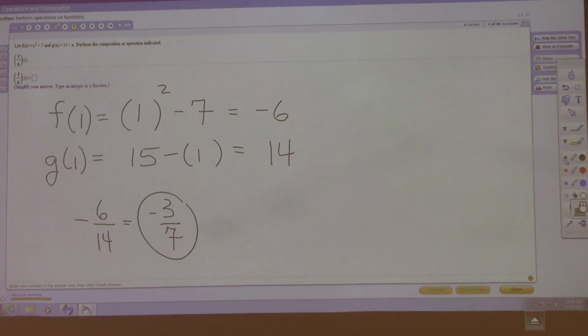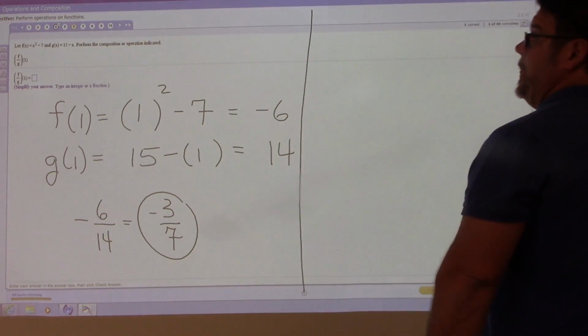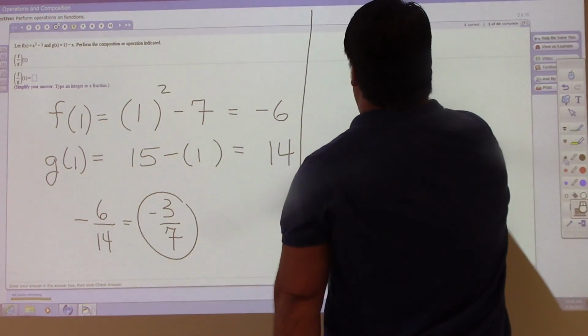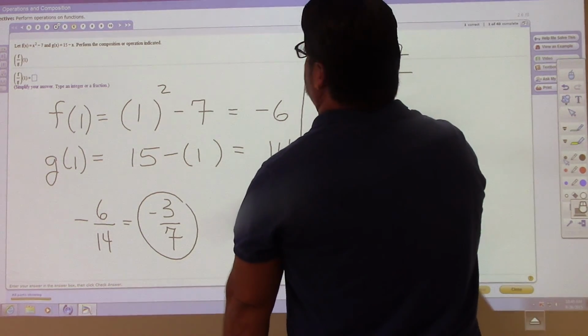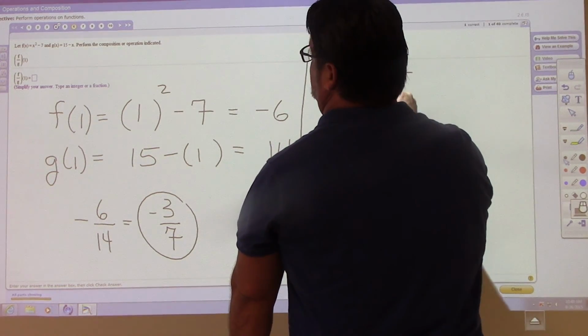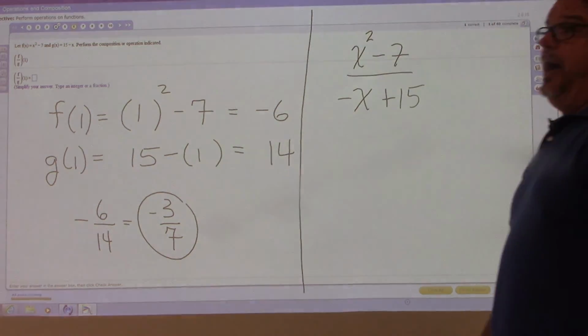Now, let's do it the other way. We're learning another way, but we're also doing what? Checking our answer. So, x squared minus 7 over negative x plus 15. Well, there's nothing you can do. Why?